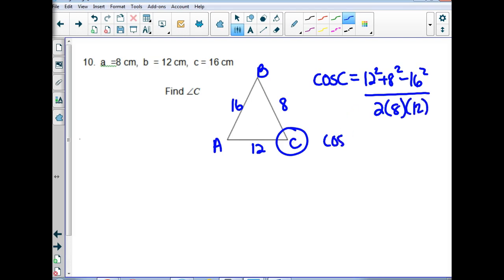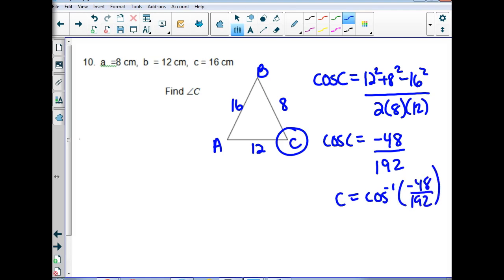Now I suggested that we do numerator and denominator separately. If you type 12 squared plus 8 squared minus 16 squared, you should get negative 48. And then in the denominator, you should get 192. You take second cosine, and it'll look like this on the calculator, and put in negative 48 divided by 192.